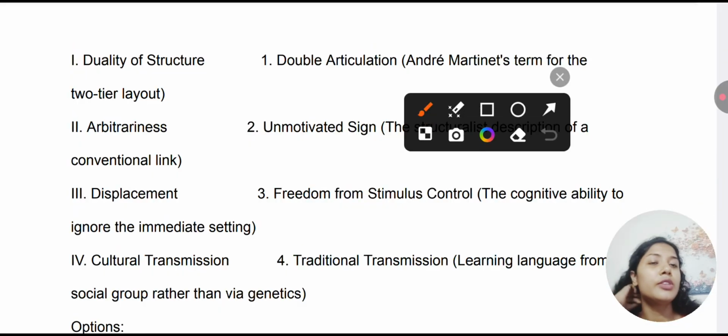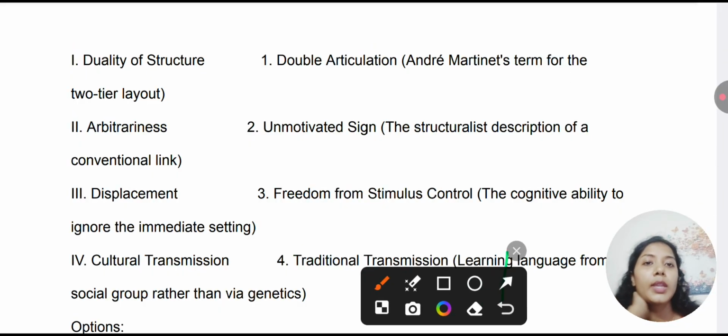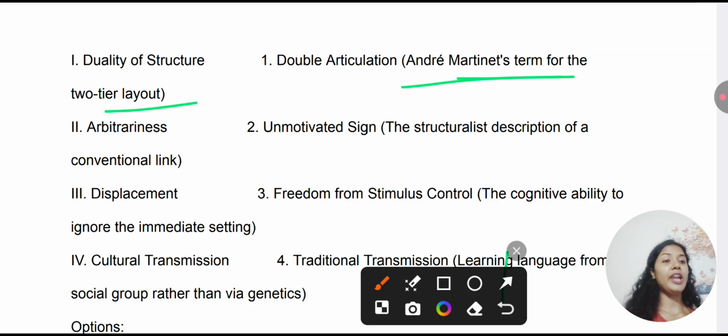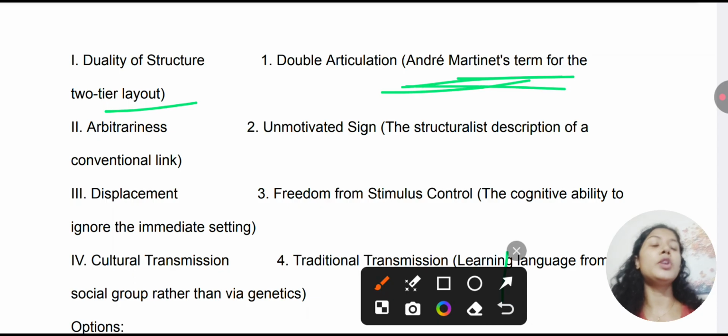So the correct answer will be arbitrariness, unmotivated sign. There is no connection between duality of patterning and double articulation, André Martinet's term for the two-tier layout. Remember, Charles Hockett later conceptualized it, but originally double articulation and duality of patterning both give you the same meaning, but André Martinet is very important here. Remember, he spoke about double articulation.